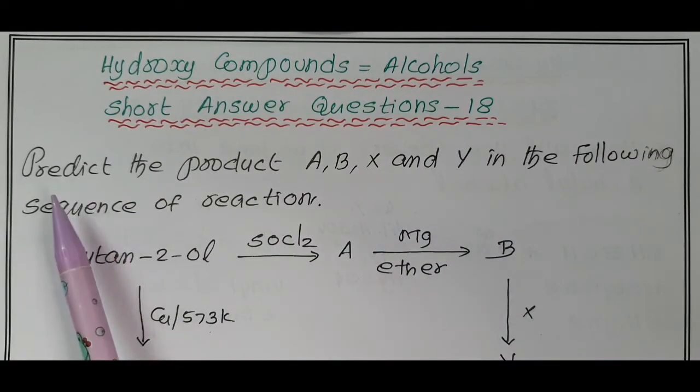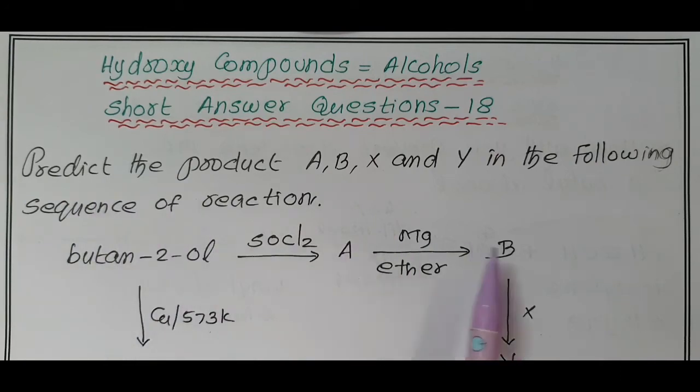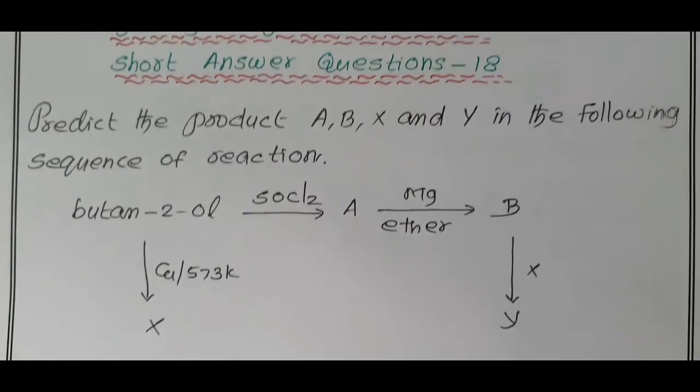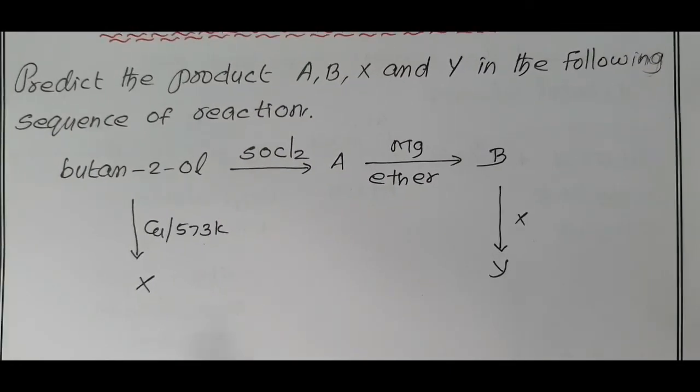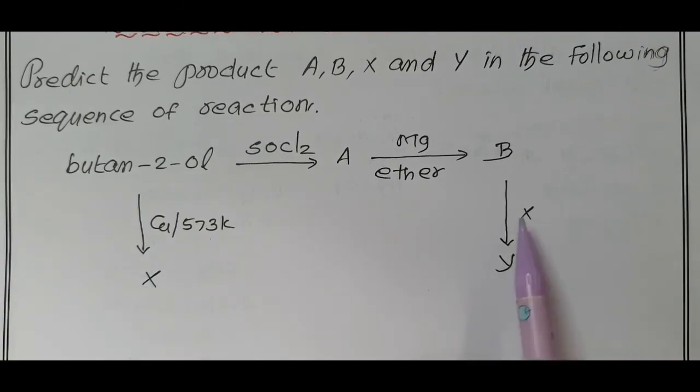The given question is: predict the products A, B, X and Y in the following sequence of reactions. Butan-2-ol, secondary butyl alcohol, when treated with SOCl2, thionyl chloride, gives A. A when treated with magnesium in ether gives B. Butan-2-ol when treated with copper at 573 Kelvin, catalytic dehydrogenation, gives X. X reacts with B to give Y. Simple reaction. Now we start with the first reaction.